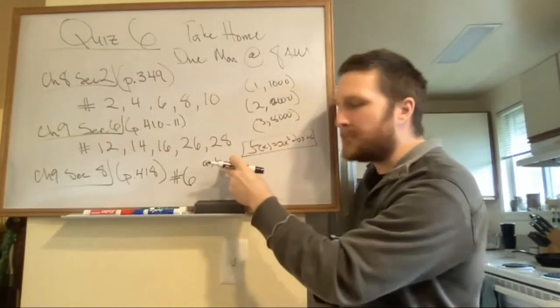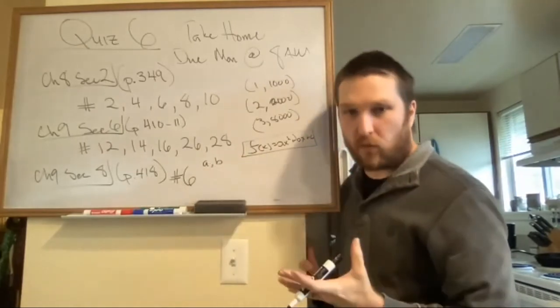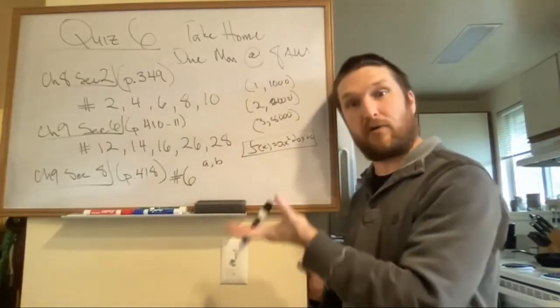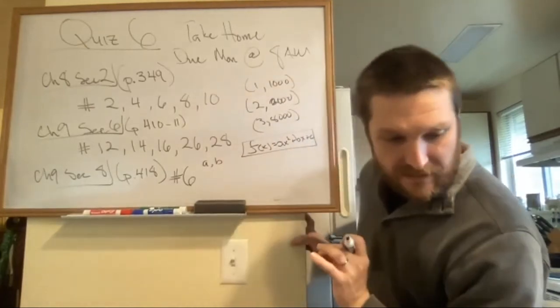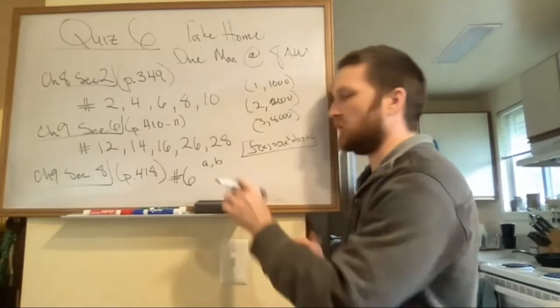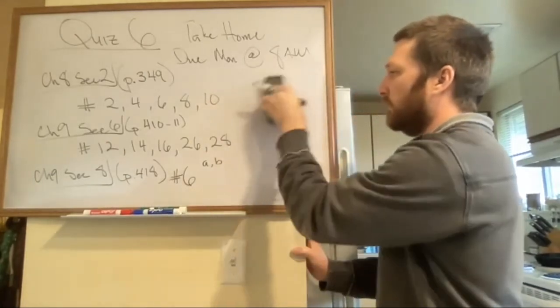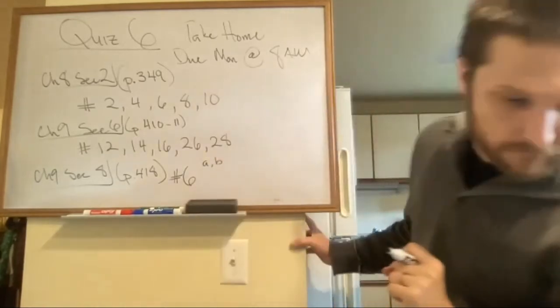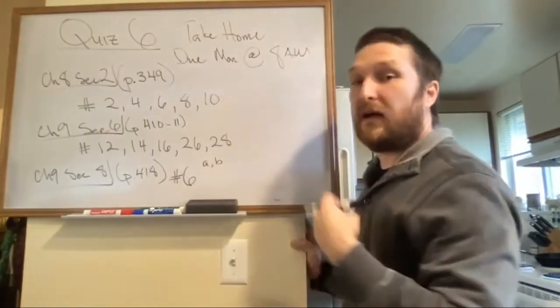And in part B, they ask you to predict what it's going to be in the fourth quarter. In other words, plug in a 4 and see what you get out. The extra thing I want you to do is this. This gives you a function.